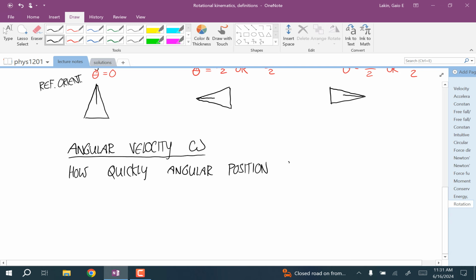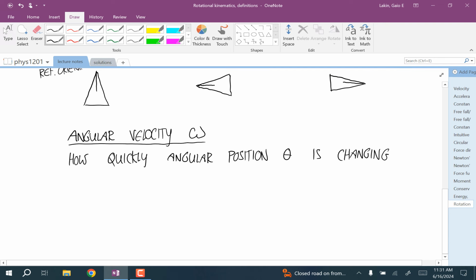So this angular position theta is changing. And you can think of angular velocity as being defined by this derivative relationship that says omega as a function of time is equal to the derivative with respect to time of theta.